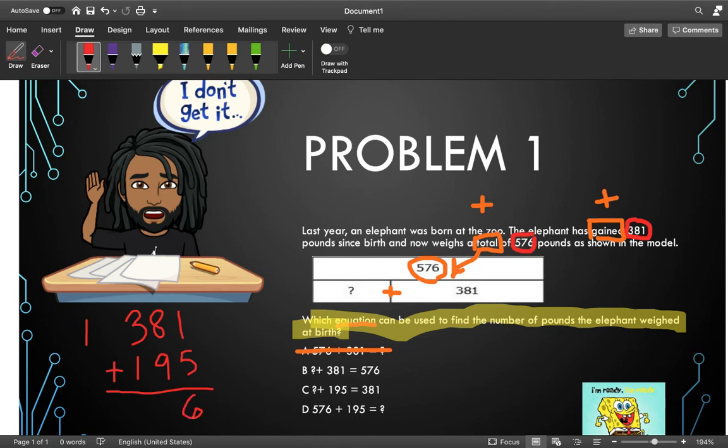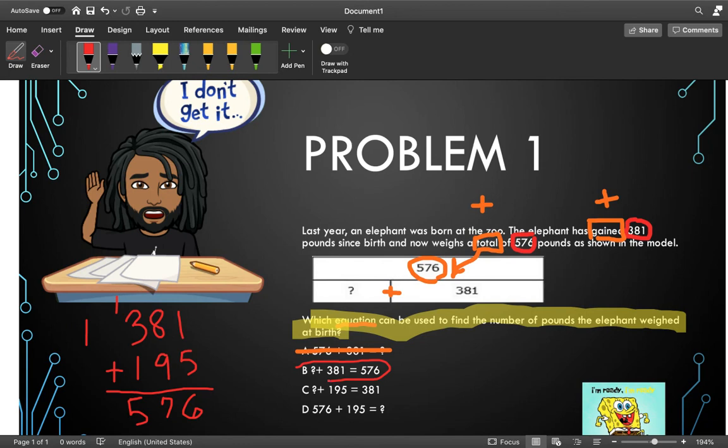Good job. 8 plus 9 is 17. One quick way I do it, I know 8 plus 8 is 16, then I have one more because of the 9. That gives me 17. So we're going to bring down our 7, carry the 1. Now 3 plus 1 is 4, plus the one that we had to carry gives us 5. So did we get the correct solution? 576. Is that what we're looking for? Correcto mundo.